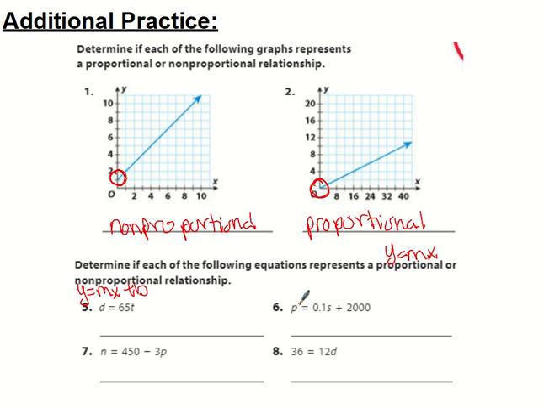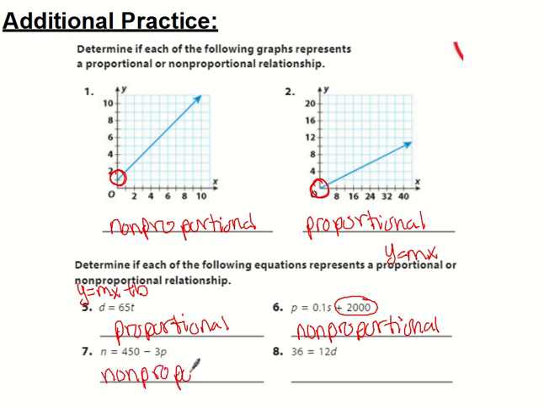All right, the first one, we should have said it was proportional. That's because there is no plus or minus. There's nothing here. This one's non-proportional, and that's because of this right here. This one is also non-proportional, and it's actually because of this right here. And this one doesn't even have two variables.